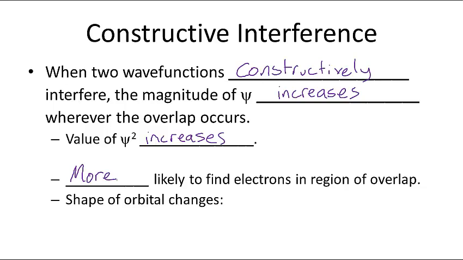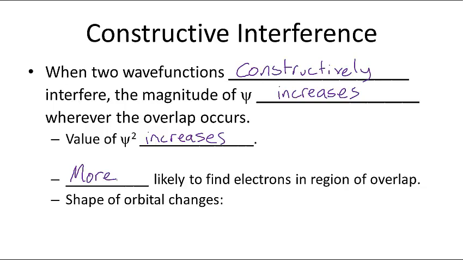Now remember, the orbital that we draw, the picture that we draw, is showing us where the electron is most likely to be found. When we draw an s orbital or a p orbital, we're saying, this is the area where we're most likely to find the electron. Now, if we're more likely to find the electron in the region of overlap, what that means in terms of the shape that we draw is that the shape is going to get bigger in the part where they overlap.